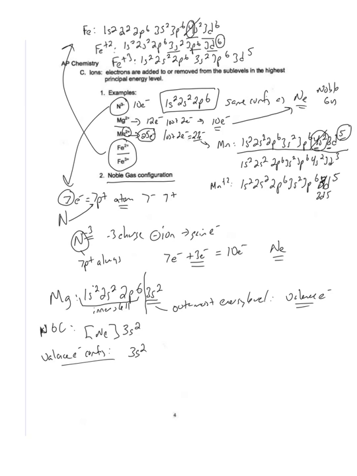Okay. Now, one way of remembering that, look at your periodic table. Magnesium is right here. I, for you, on the national exam, would put all my numbers down here.